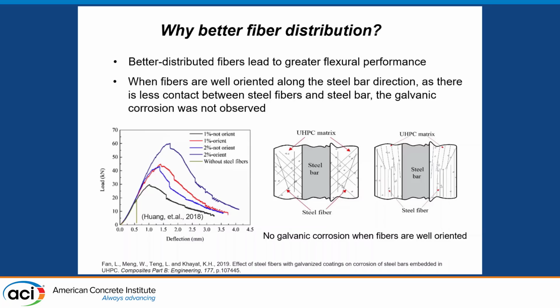The reason is that if you have a better orientation and dispersion of fibers, there's less contact between the copper-coated fibers and the steel, and that could mitigate the galvanic corrosion and improve the corrosion resistance of the bar there.